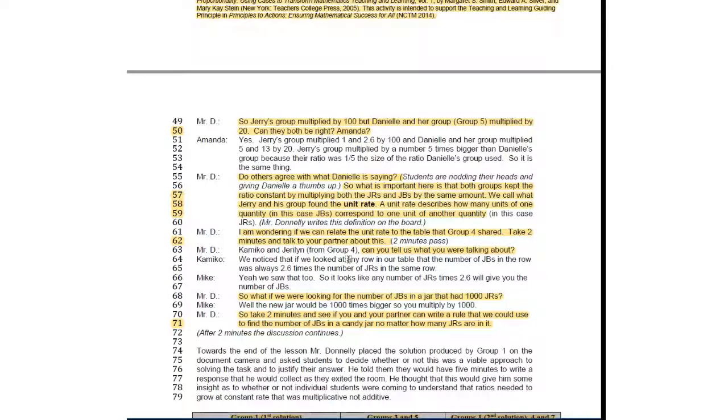But what's also important to note is Mr. Donnelly does not take over that conversation. He generates it with his questions, but he does not take it over and tell them exactly what they're supposed to know. And through this conversation, through his purposeful questions, he gets an idea of what his students are understanding about the mathematics.